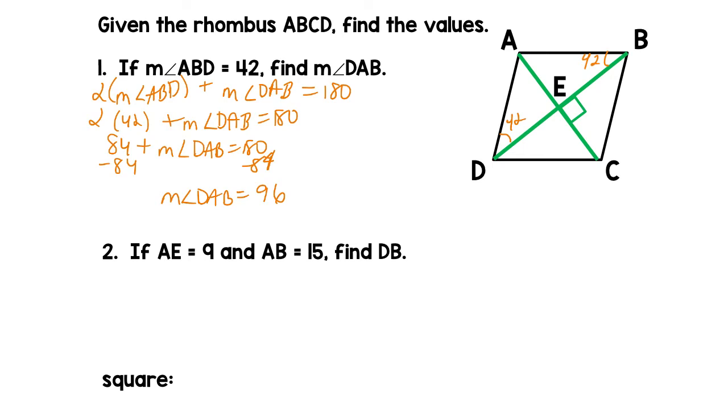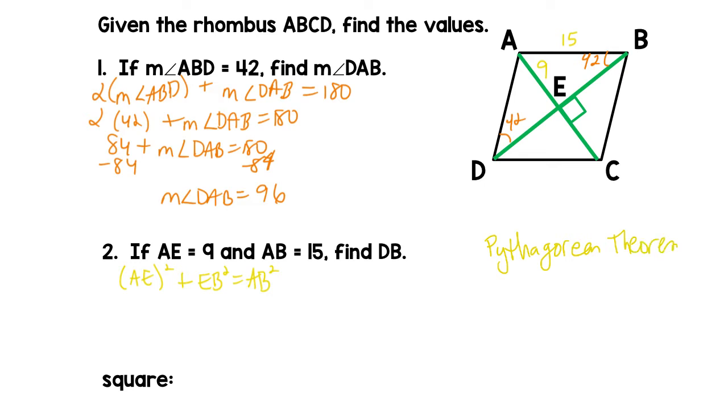Now, about side lengths. If AE is 9 and AB is 15, find DB. Well, AE squared plus EB squared equals AB squared. This is where we have to draw way back into our knowledge of the Pythagorean theorem.